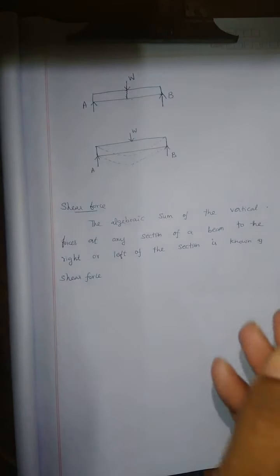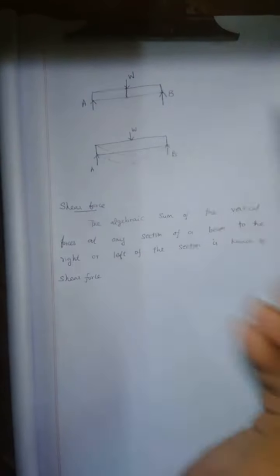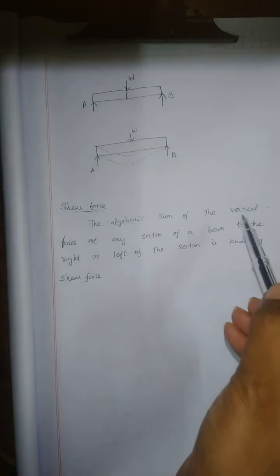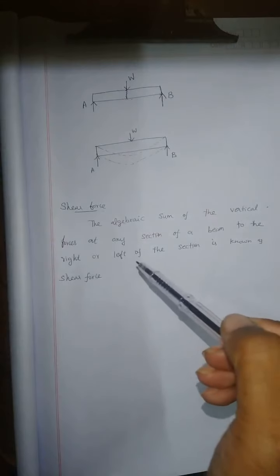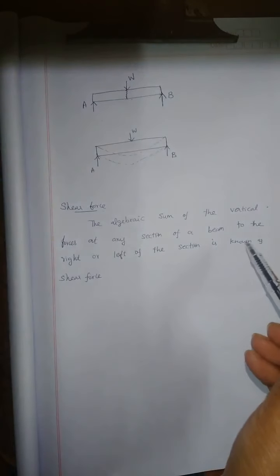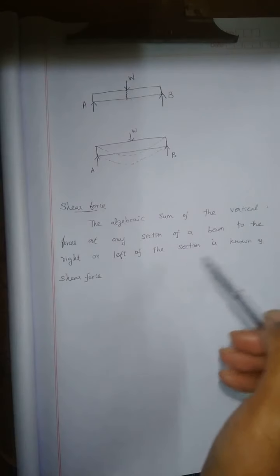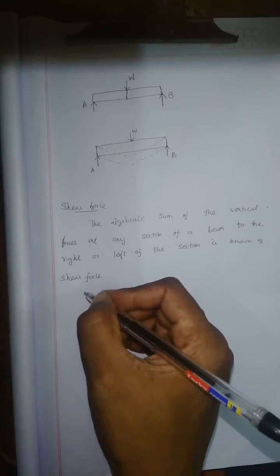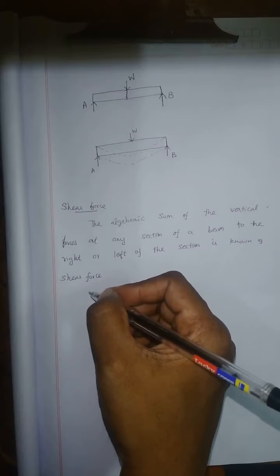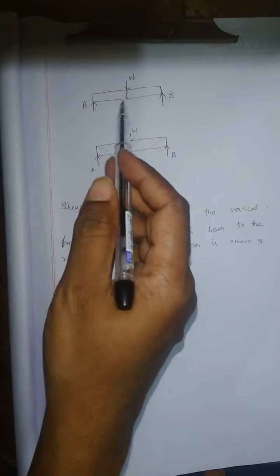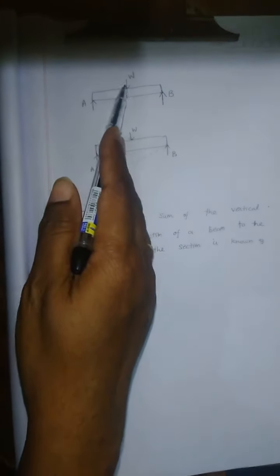So the algebraic sum of vertical forces at any section of the beam to the right or left of the section is known as shear force. Here the beam may break because of this single force.